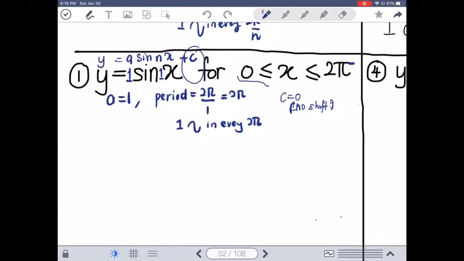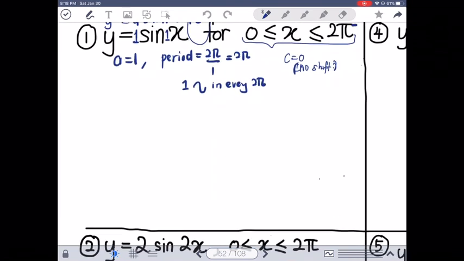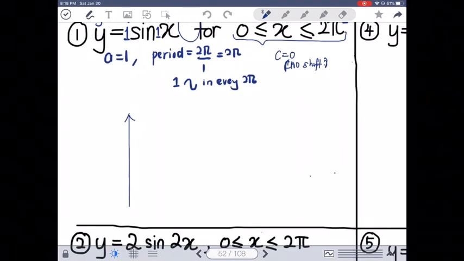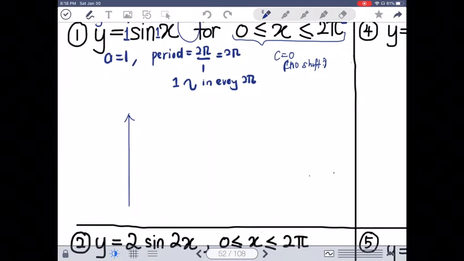And we need to draw from 0 until 2 pi. Since the amplitude is 1, we label 1 and -1, and we have here 2 pi, and obviously this is pi, 3 pi over 2, and pi over 2, and 1 as in every 2 pi.